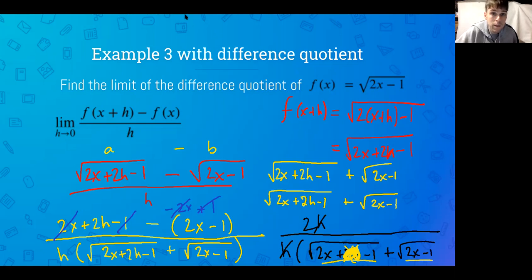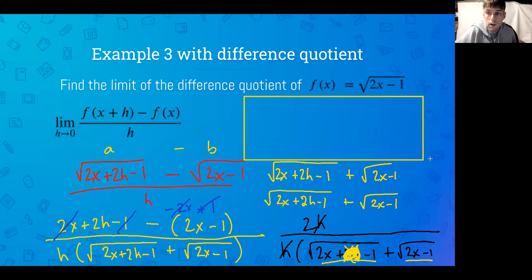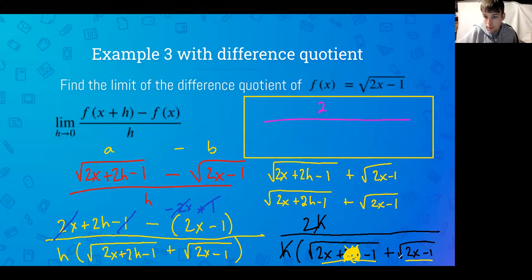I'm going to erase some stuff here just to write this final result in the box. Let's collect what we have. We have a 2 on top. And what we have on the bottom: again, we had a radical 2x minus 1 plus a radical 2x minus 1, so we have 2 radical 2x minus 1.